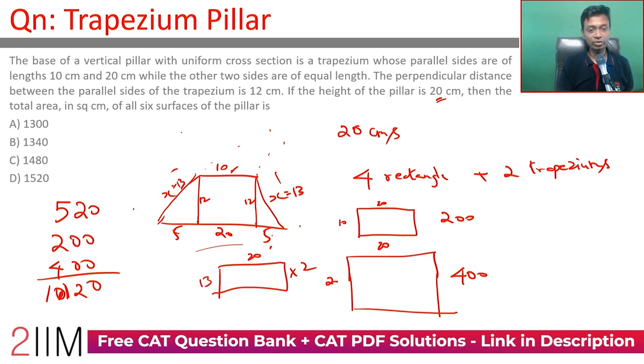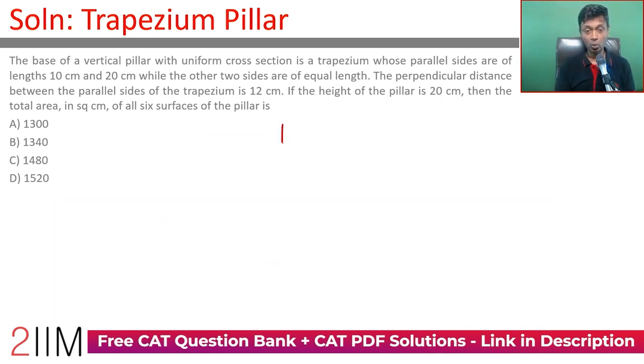The area of this trapezium is half into 12 into 10 plus 20, the sum of the 2 parallel sides. So 10 plus 20 is 30, 6 into 30, 180. The 2 trapeziums, area would be 2 into 180, which is 360. So if we add 1120 with 360, we'll get 1480.